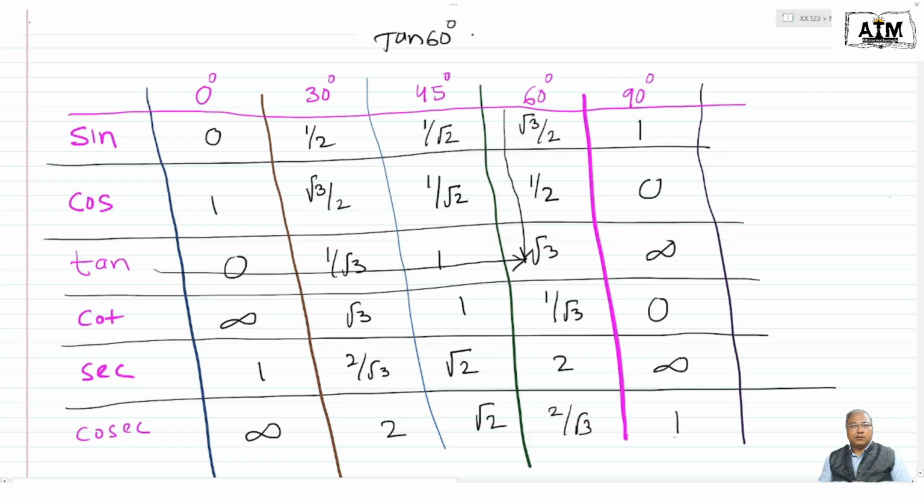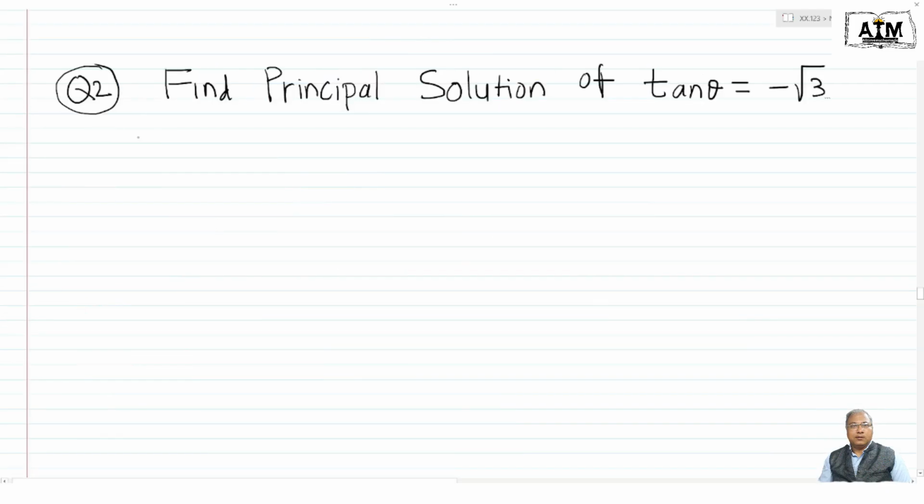This is the first thing we must decide: for what angle the tan theta value is root 3. So tan 60 equals root 3.